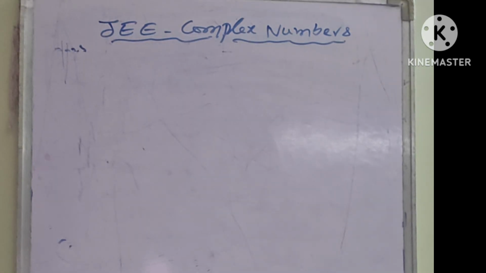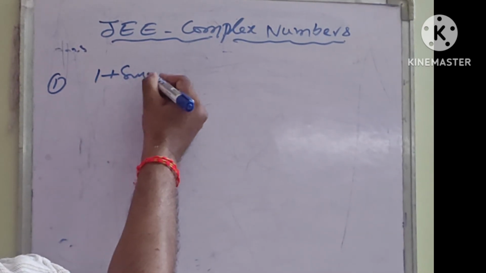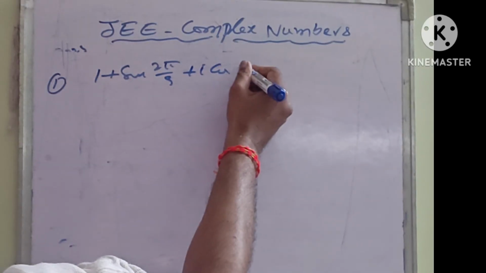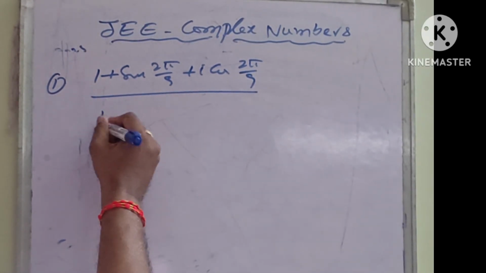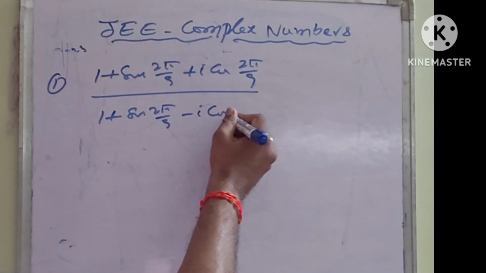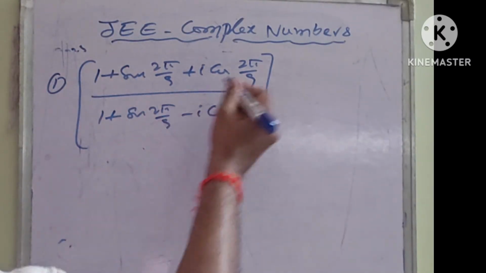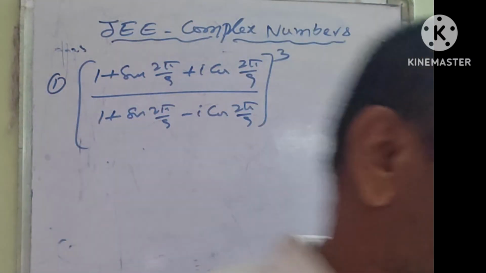Another model: the value of 1 plus sin 2 pi by 9 plus i cos 2 pi by 9 by 1 plus sin 2 pi by 9 minus i cos 2 pi by 9, whole power 3. This is a 2023 question.